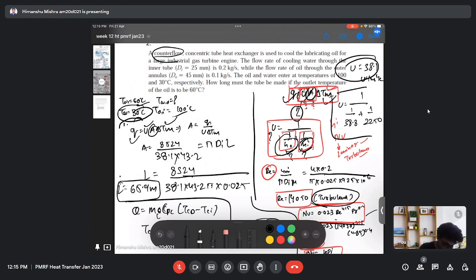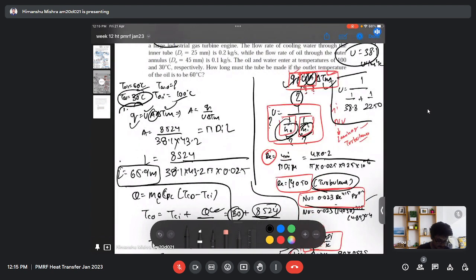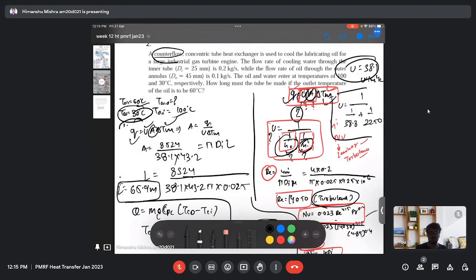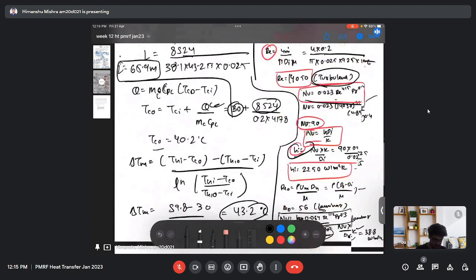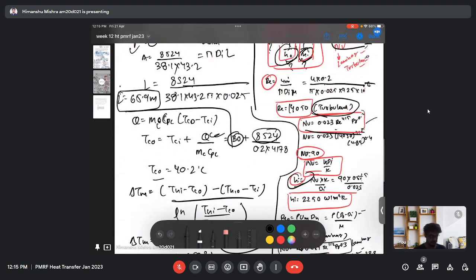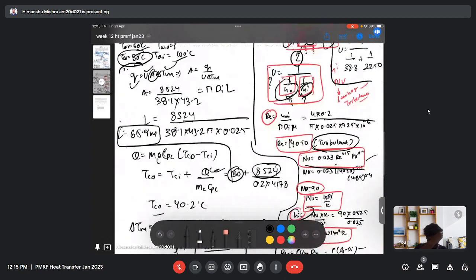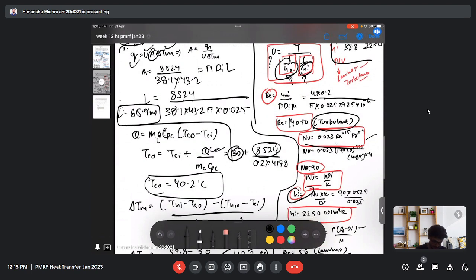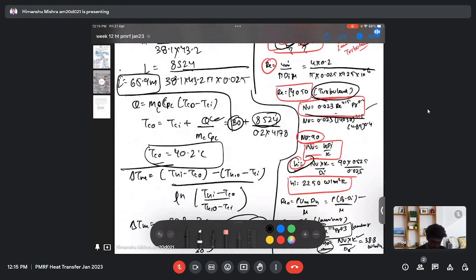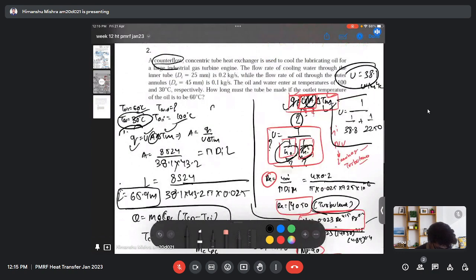So just to recap, we have been given the inlet temperatures of the hot fluid, and we have been given the properties. So first we calculate the LMTD. We calculate first the actual heat transfer. Then we calculate the outlet temperature of cold fluid. Once we get all the temperatures, we calculate the LMTD, and then we use this relation to calculate the area.